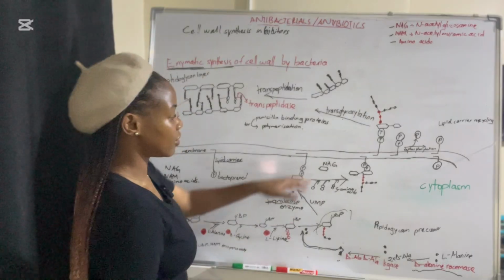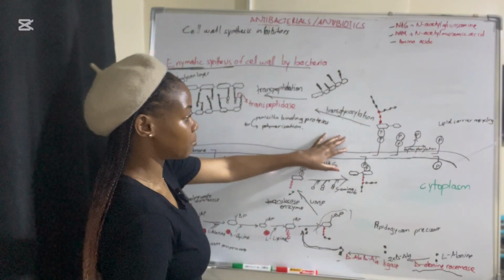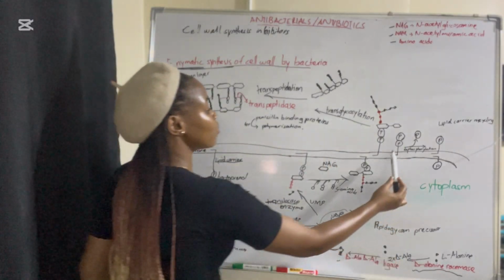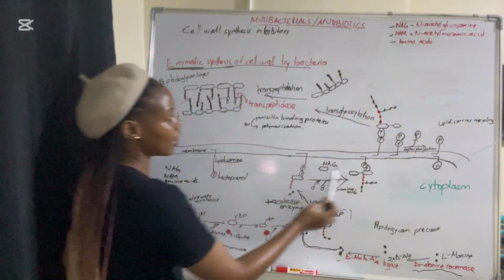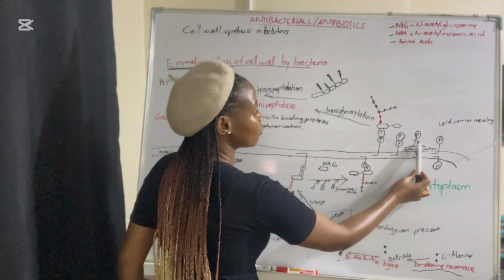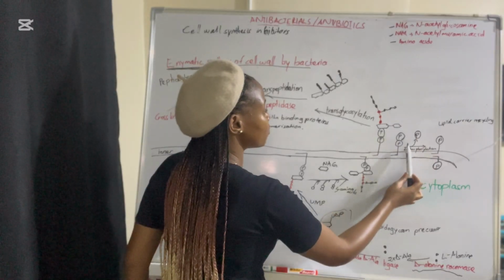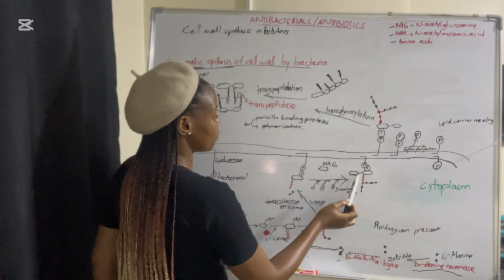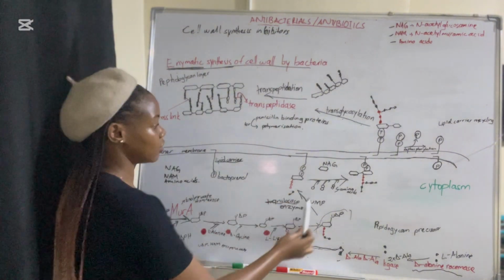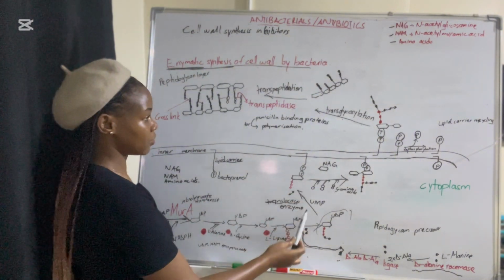What happens after it has transported it? It is recycled back into the inner membrane by dephosphorylation. A phosphate is removed from it and it is recycled back to the inner membrane to carry other peptidoglycan precursors.